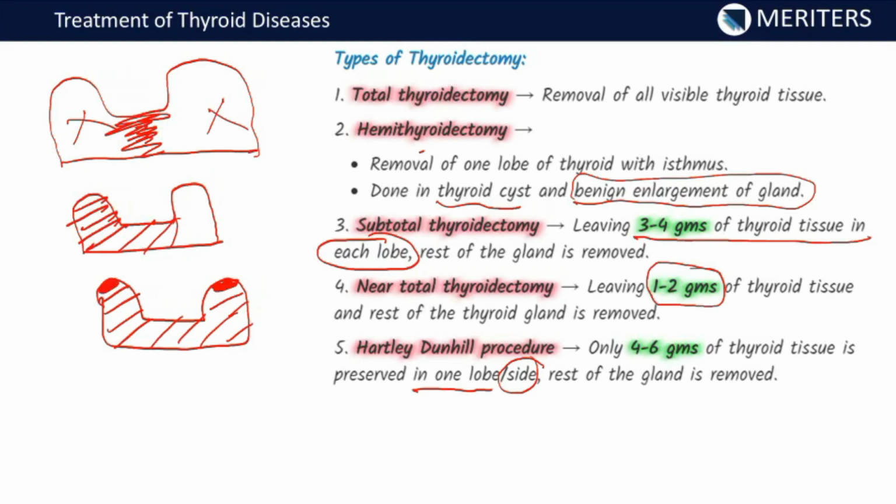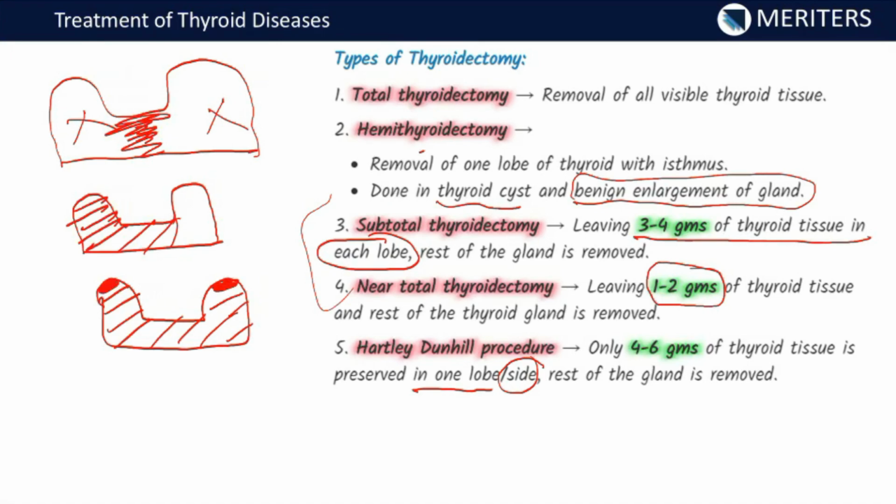But the important thing is that the subtotal and near total thyroidectomy. Okay, so these two. Now, if they leave behind thyroid tissue, what will happen? It would be enough for the body's thyroid hormone requirement. Okay, that was the assumption. But on further clinical studies, they found that they could not prevent parathyroid injury while doing that.